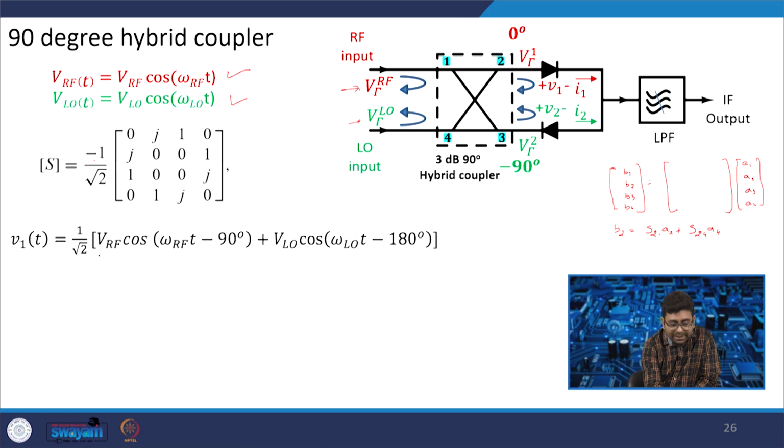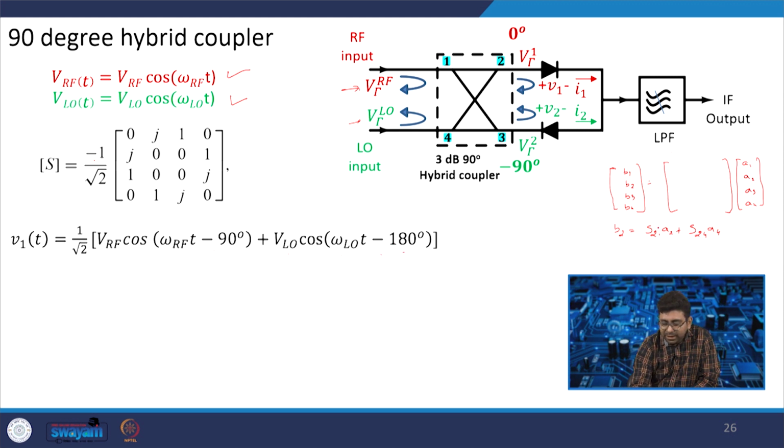Here the phase shift is considered as minus 90. So, 1 by root 2 VRF cos omega RF t minus 90. This j is nothing but minus 90, and here there is a minus 1 by root 2, so it is a 180-degree phase shift. So, what we are getting is VLO cos omega LO t minus 180.